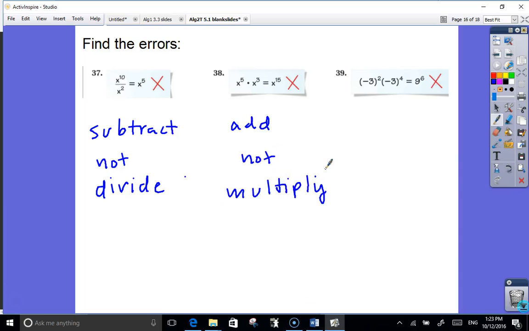And what did they do wrong in this one? Right. If you're multiplying the same base with different exponents, you simplify by keeping the same base and adding the exponents. You don't multiply the bases and add the exponents, right? So don't multiply bases.